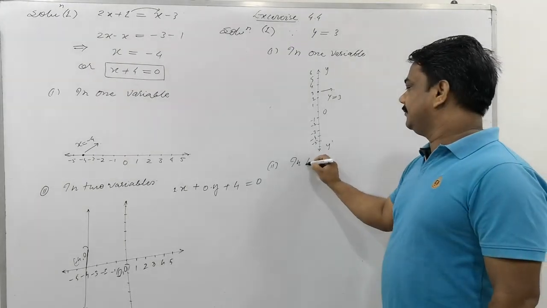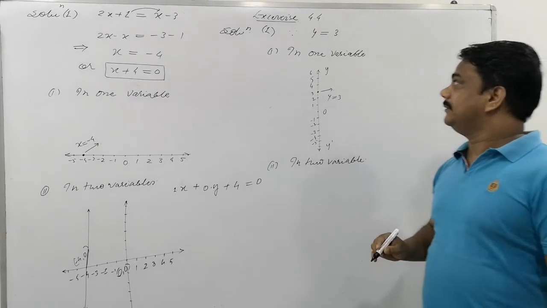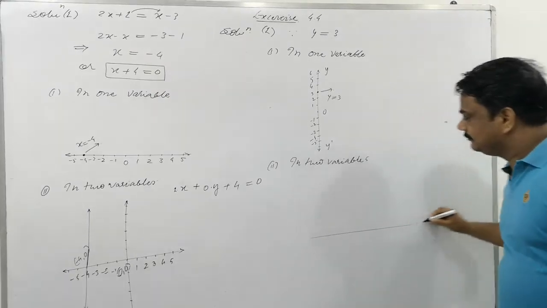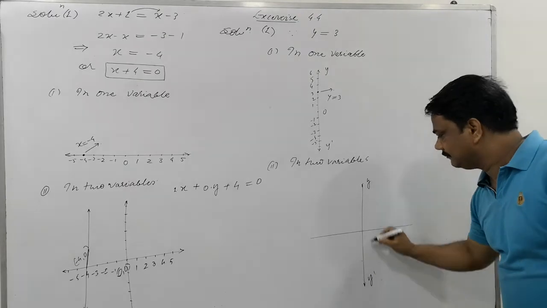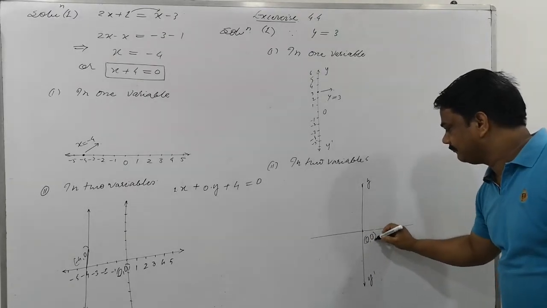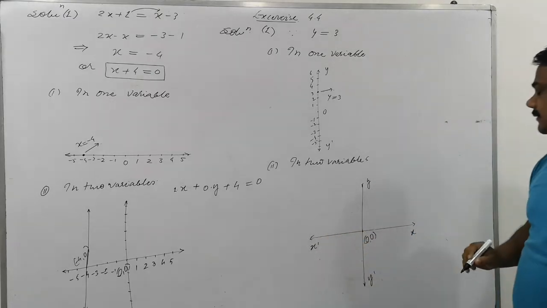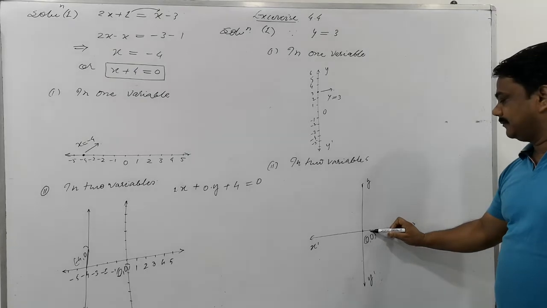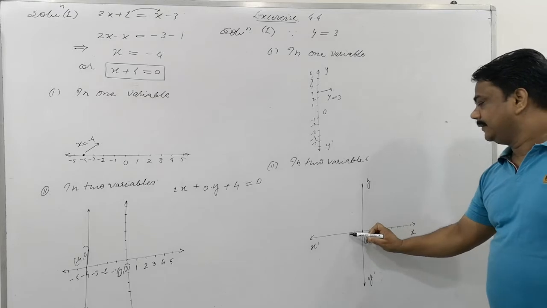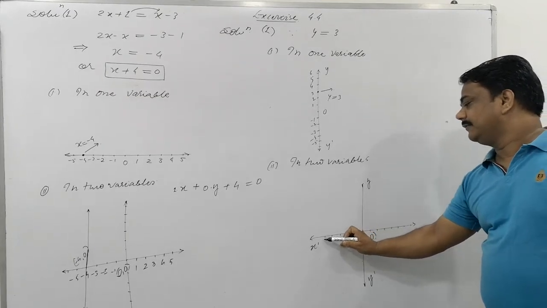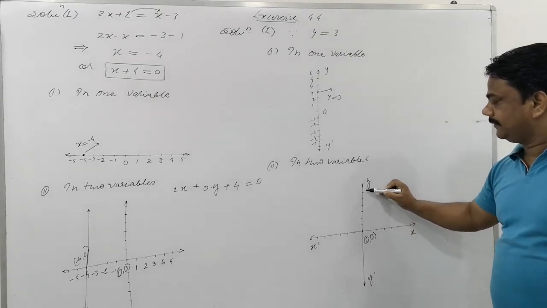in two variables. Here you will do 1, 2, 3, 4, 5, 6, 7. 1, 2, 3, 4, 5, 6.